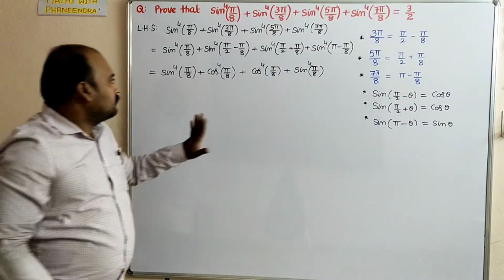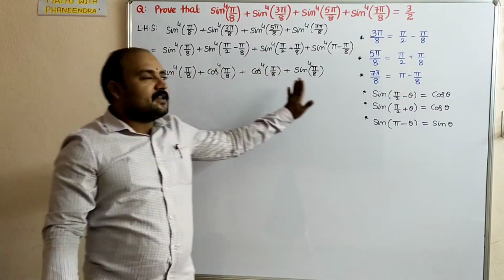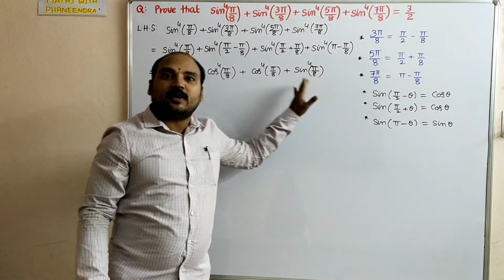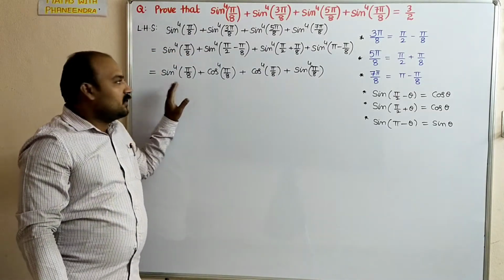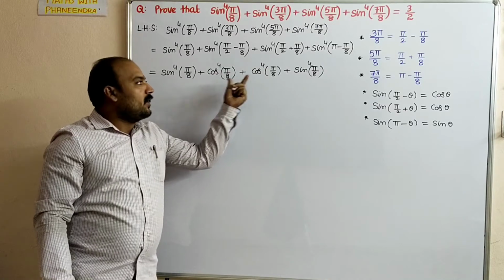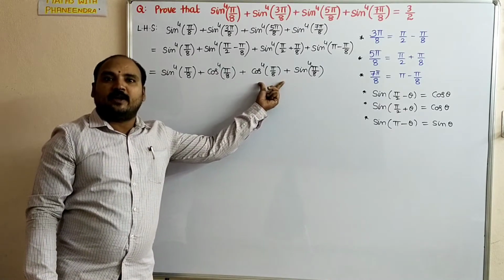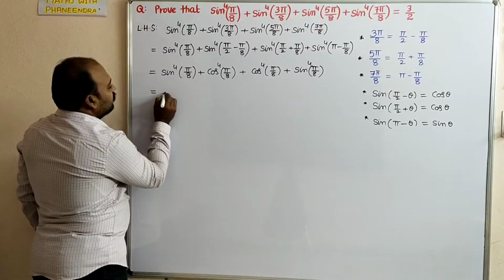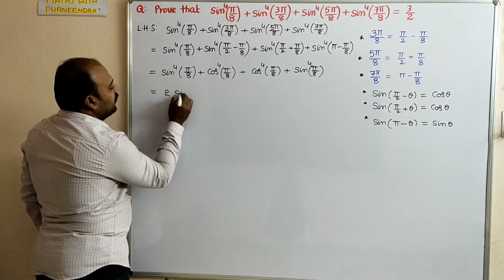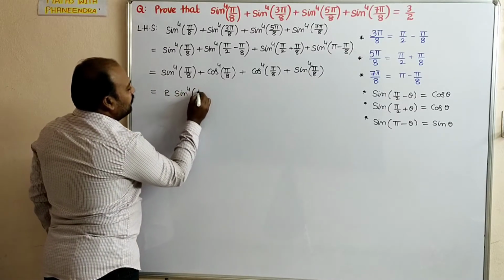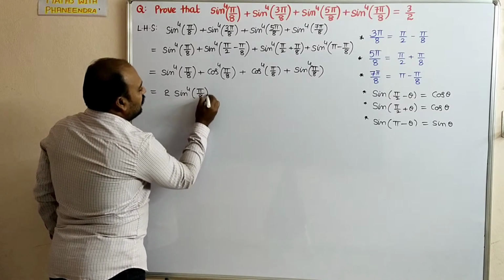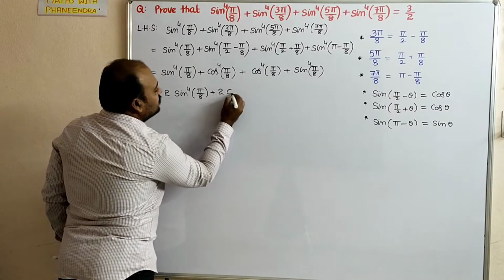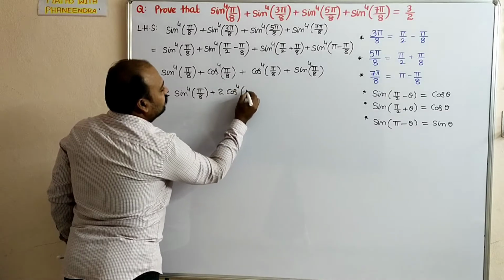Observe that we have 2 times sine power 4 pi by 8 plus 2 times cos power 4 pi by 8.